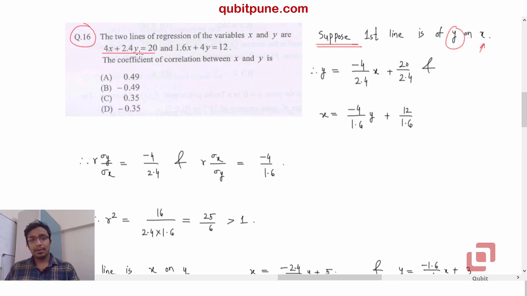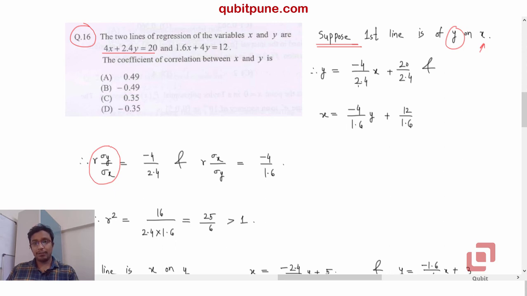Now, if you compare this with the standard form, I'll write y on one side and everything else to the other side, which will give me the first regression coefficient, which is r sigma y by sigma x, where r is the correlation coefficient which we want. Sigma y and sigma x are the standard deviations of y and x respectively.